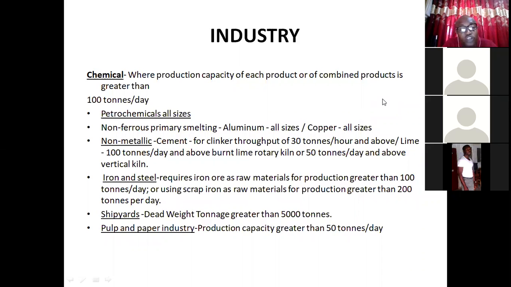For a non-metallic facility, 30 tons or 100 tons per day, you must do an EIA. If you want to do a shipyard, or a pulp and paper industry with production capacity greater than 50 tons, you must also do an EIA.